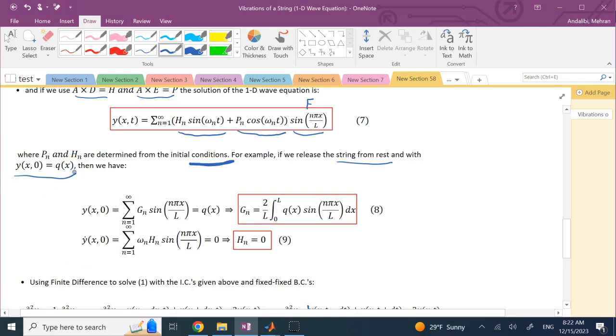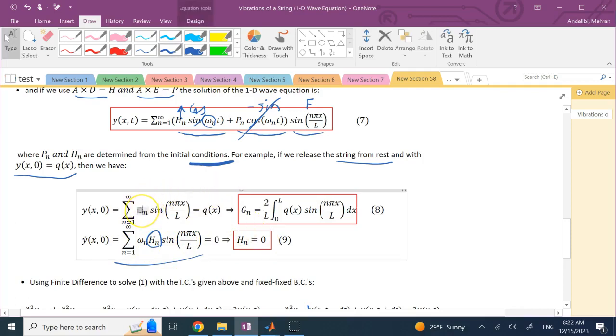If that's the case, then y dot at x and at time 0 is going to be this function, right? Because when you take derivative of this guy becomes negative sine, this guy becomes cosine, and at time 0 this guy will go away, cosine becomes 1, so you only get hn. Of course this omega n will also come out, multiplied by sine of n pi x over L, that is 0. The only solution for that is h is 0. And then y at time 0, which is going to be this guy, that's equal to q of x.